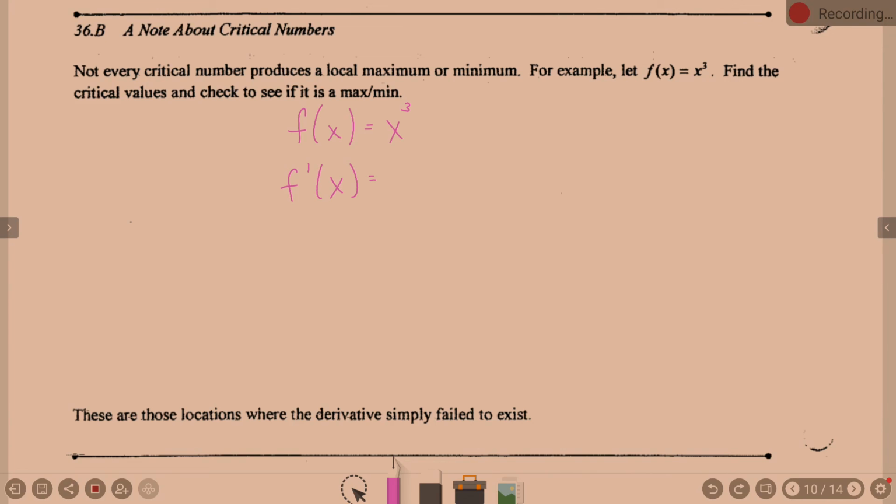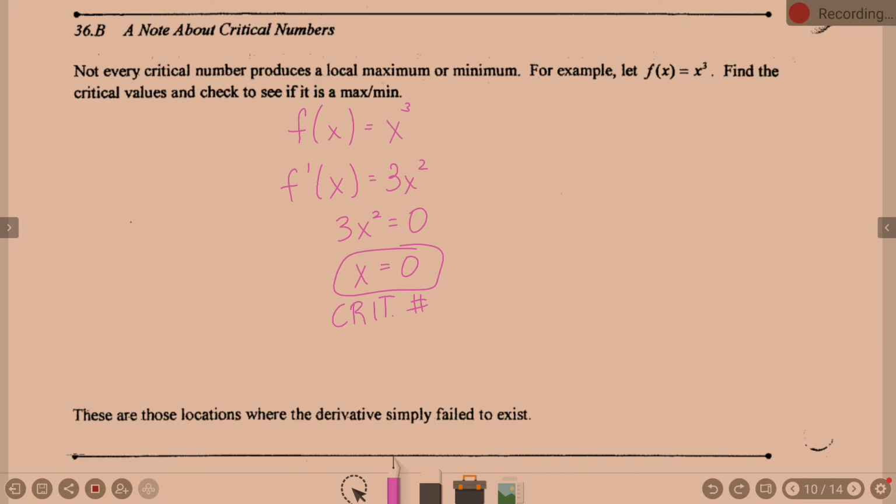What's the derivative of x to the third? 3x squared. And officially, what do we do to find critical values then? Set equal to 0. If you set 3x squared equal to 0, divide by 3, take the square root, you get 0. So x equals 0 is our critical number here.